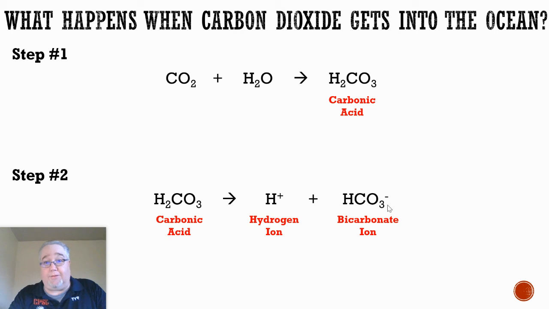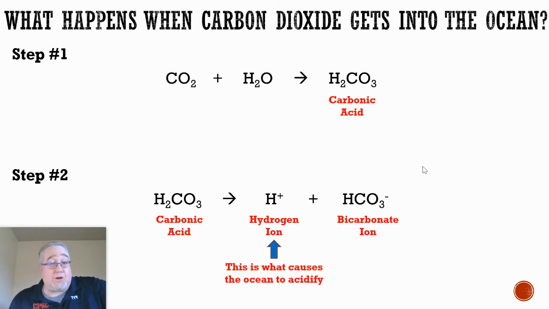Bicarbonate is HCO3, and it has a negative charge to it. So again, just to review this, CO2 in water produces carbonic acid, and that carbonic acid dissociates and breaks apart into these two things. Now, the hydrogen ions are the actual things that cause the ocean to become more acidic. So the more of those hydrogen ions there are, the more acidic ocean water is becoming.